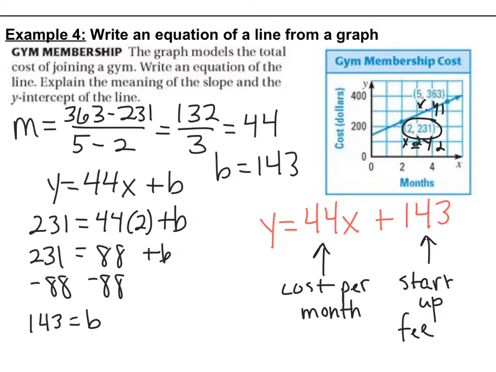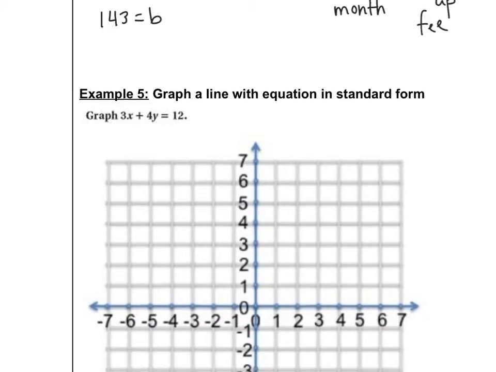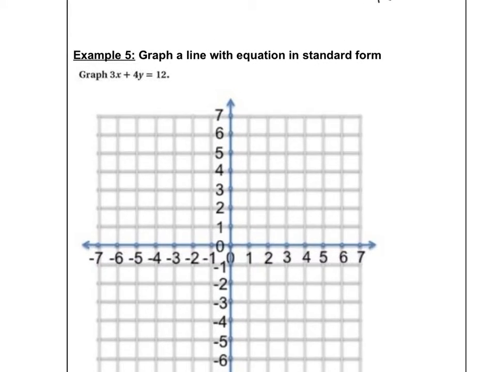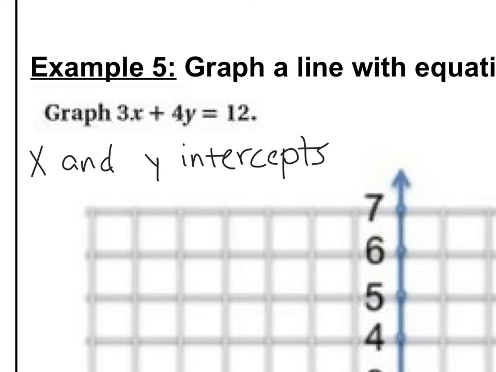But we got one more example to go over. So if you remember, we talked about standard form of an equation. And in this case, this is in standard form. When it's in standard form, it makes a lot more sense for us to find the x and the y intercepts. And if we remember, y-intercept was just where the graph crossed the y-axis, and the x-intercept then would be where the graph crosses the x-axis.